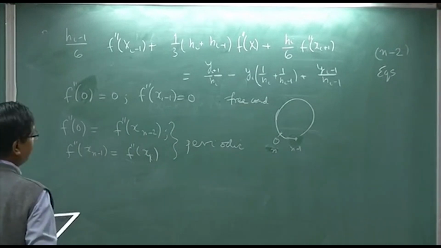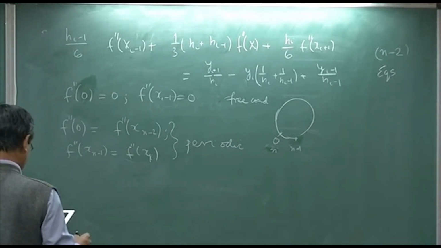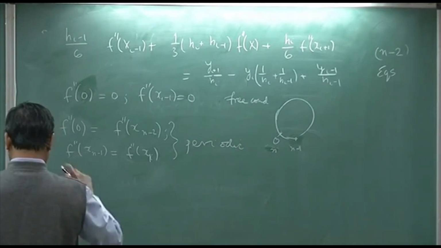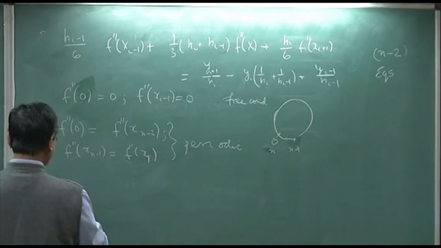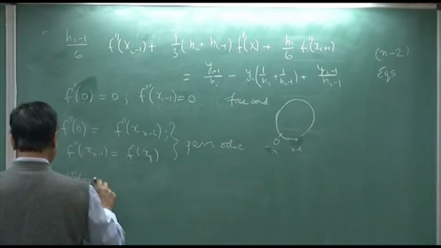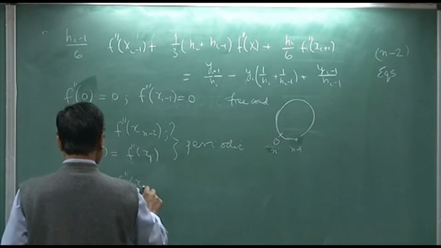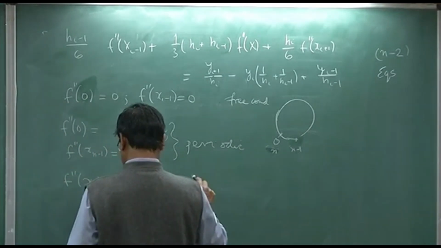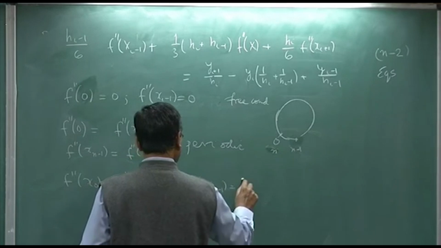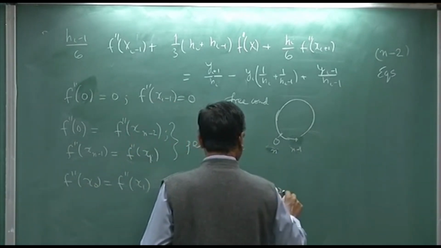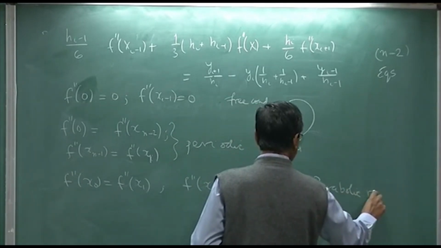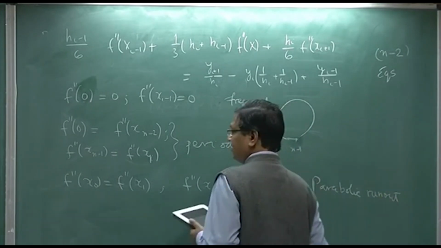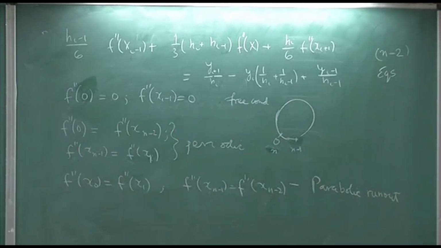And we can also have some other conditions. This is called parabolic runout. The third condition is f prime at 0. Since the double derivative is equal at two consecutive points, my function will be parabolic, the third derivative is constant, so it's parabolic near the end.